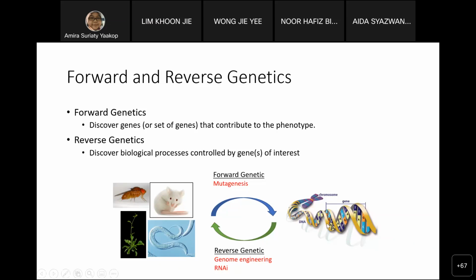Alright, so for forward genetics, the term we commonly use is mutagenesis. For reverse genetics, you engineer, or use RNAi. Why?